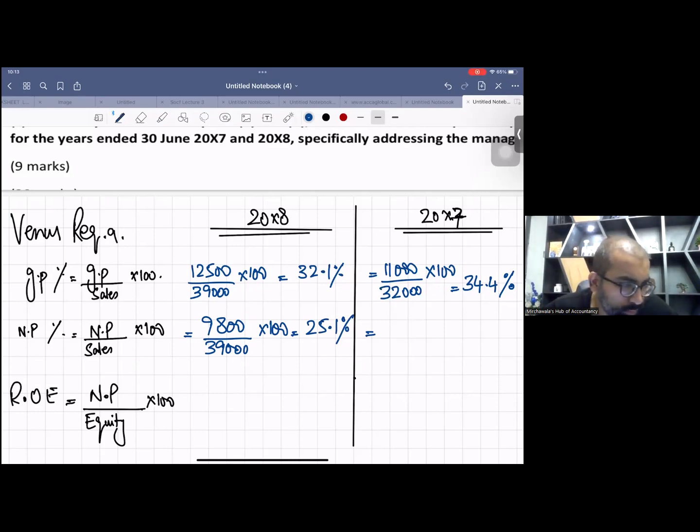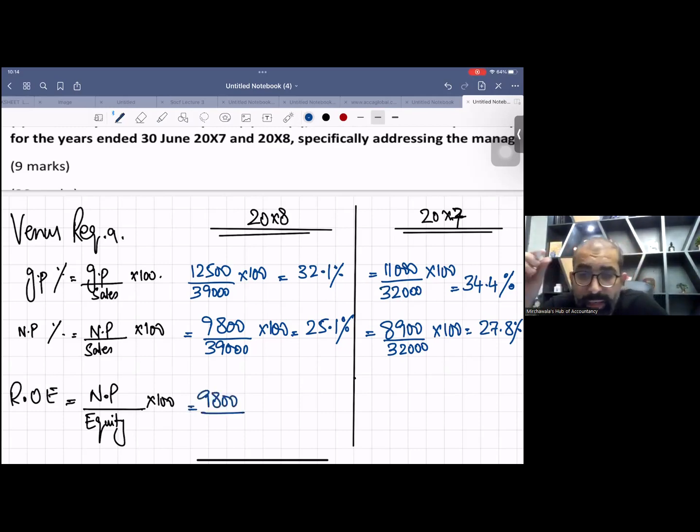Then you have 8,900 for last year net profit. Sales is 32,000 times 100. Okay. Now return on equity. Again, you have to use the same net profit, which is 9,800.